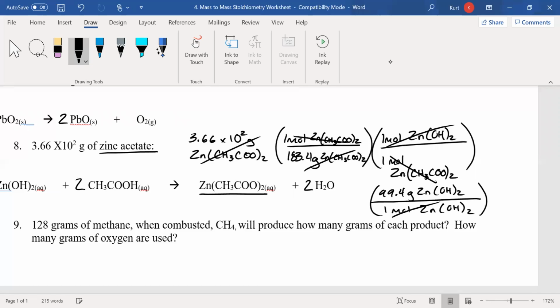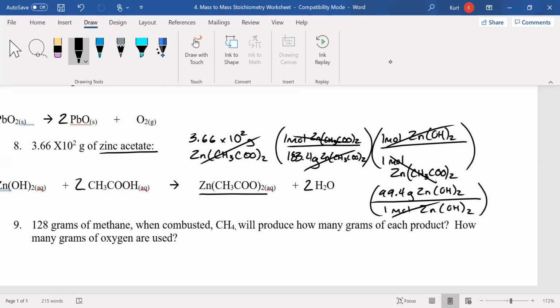Okay. So for zinc hydroxide, here's what we got. If you get a little confused by the scientific notation, take it out of scientific notation. Do you know what 3.66 would be in standard notation? 366. So 366 divided by 183.4 times 99.4.